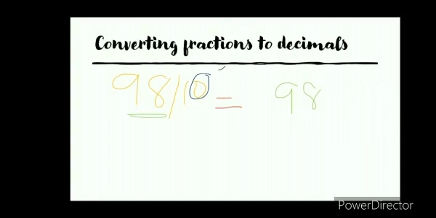There is 1 zero. Next, you have to check how many numbers there are in this number. There are 2 numbers. You need to keep the decimal point before one number, because this denominator has only 1 zero. So we have to keep the decimal point before one number. Now 98 by 10, if we convert it into decimals, it becomes 9.8.